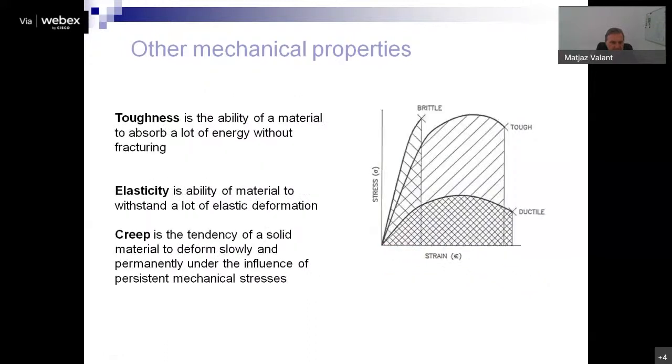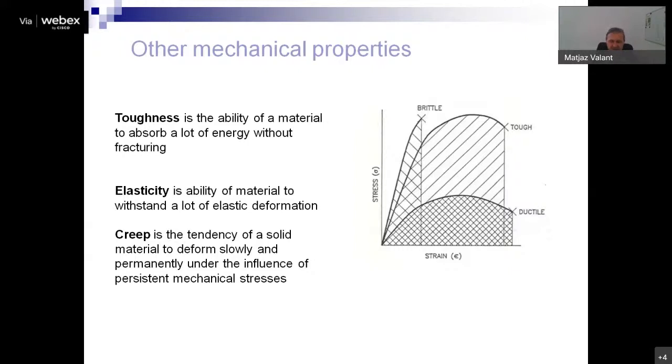Then we talk about toughness. Toughness of the material is the ability of the material to absorb a lot of energy without fracturing. So not necessarily all within the plastic deformation range. So this is the difference from ductility.